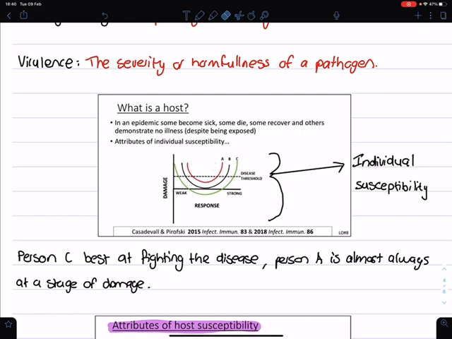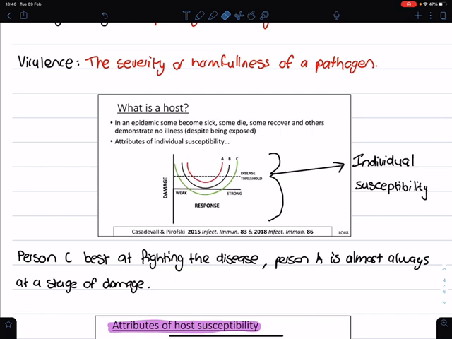One can also see that the person in graph A is genetically more susceptible to this disease, because it hovers at the damaged site the whole time. It doesn't really get better, whereas we can see in the other graph not a lot of damage from the disease, and then it goes down into the negatives and then up again.